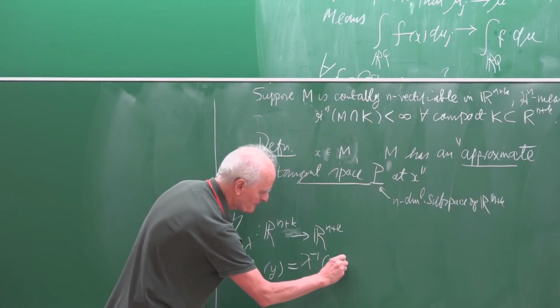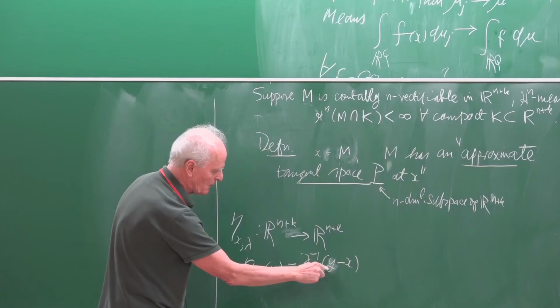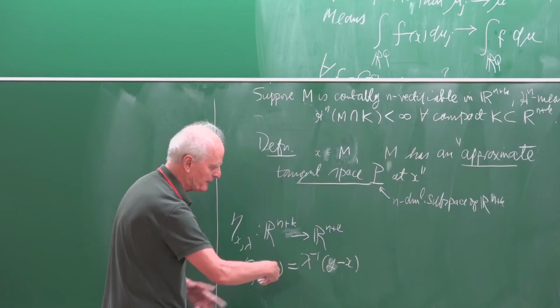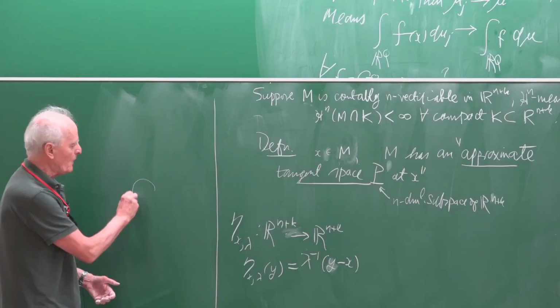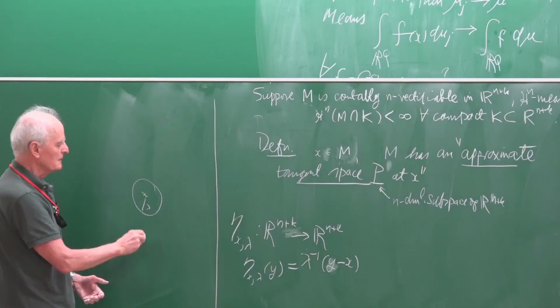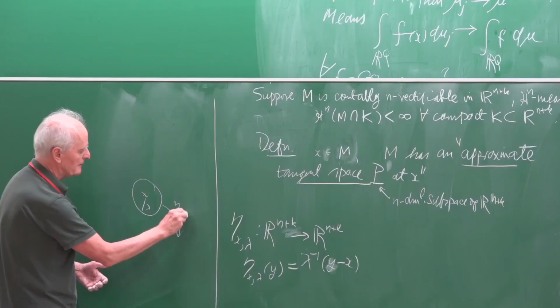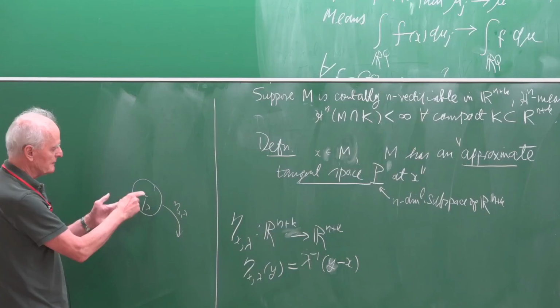So it translates x to the origin and multiplies everything by the factor lambda^(-1). It takes the ball of radius lambda centered at x, and eta_{x,lambda} gives you the unit ball centered at the origin, radius 1.